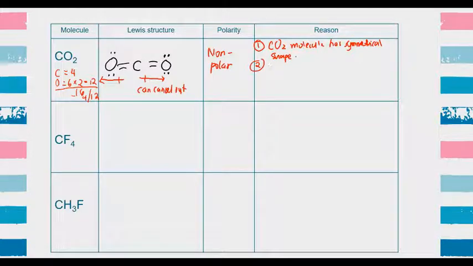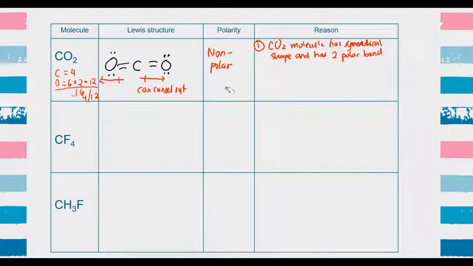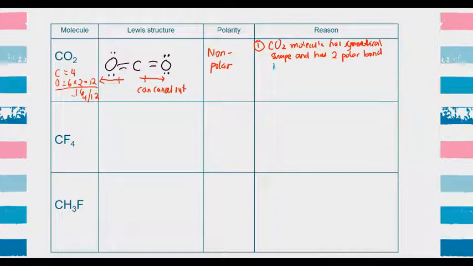Second point, kalau dia bagi molekul, you kena cerita tentang polar bond, and has two polar bond between C and O. Okay.